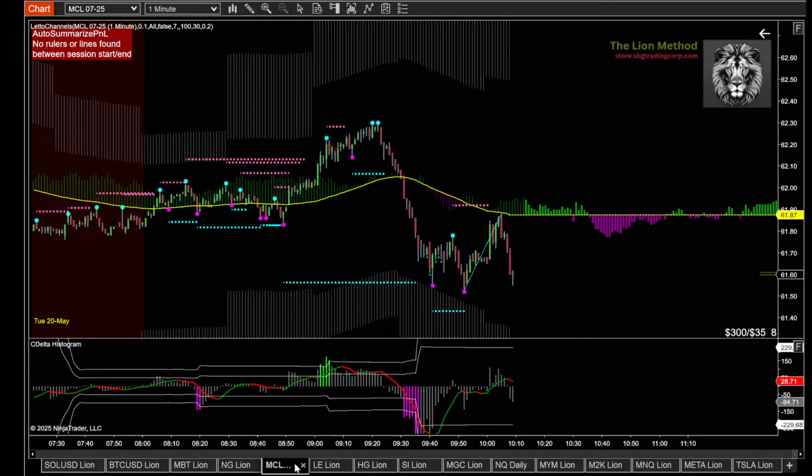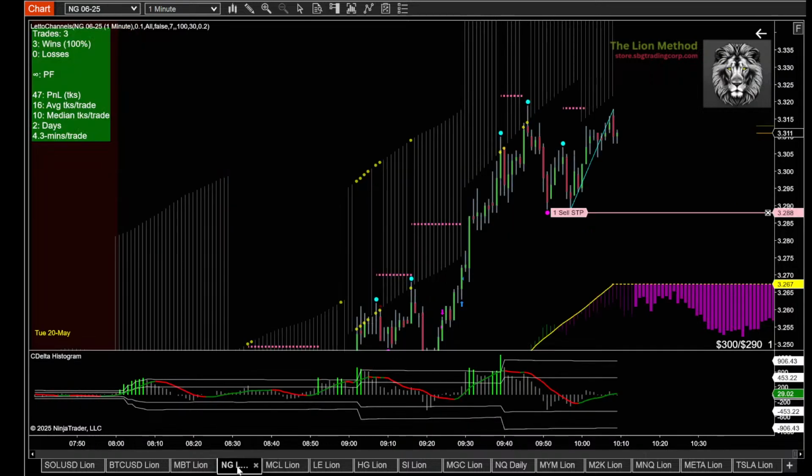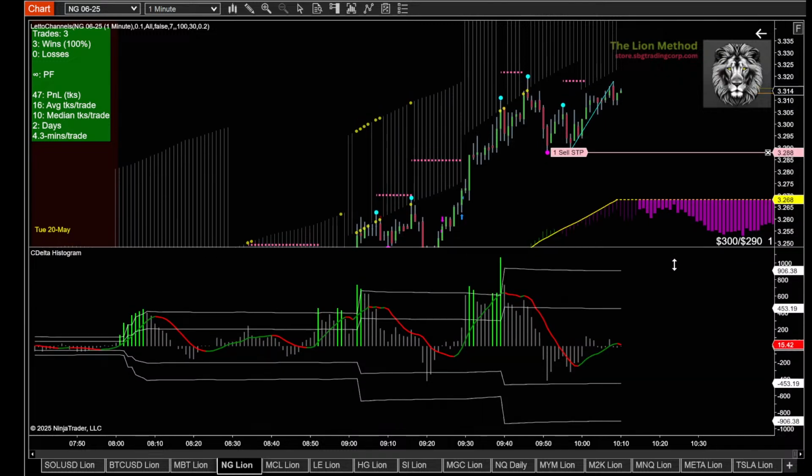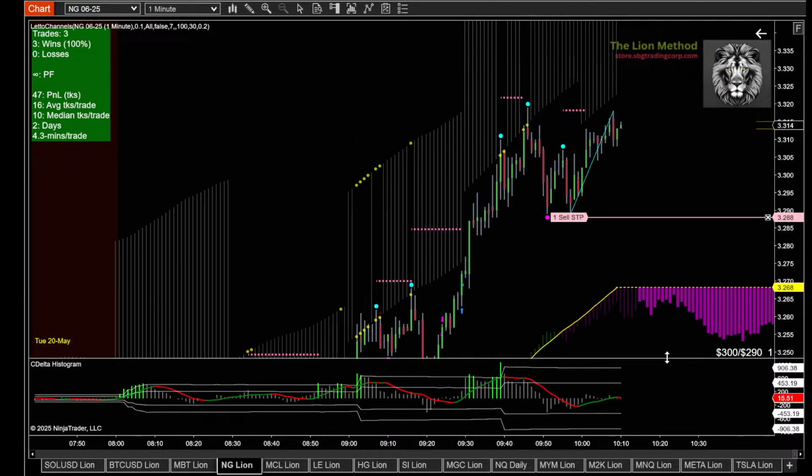Crude: rejection of 100, right around the 0 level.